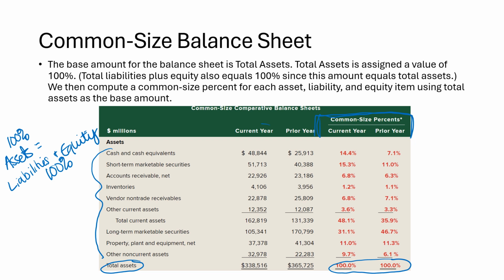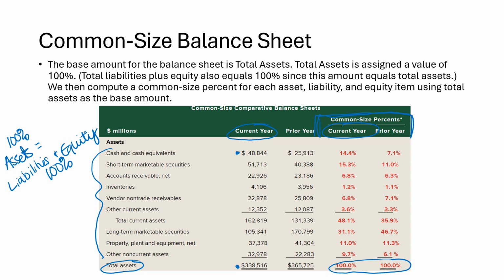So if we're looking at the current year, the current year's cash and cash equivalents are 48,844. We want to know what percentage of total assets that is. So these are the two numbers that we're going to use.